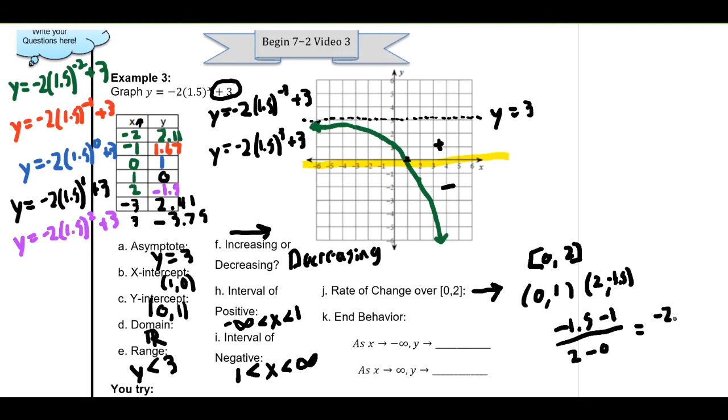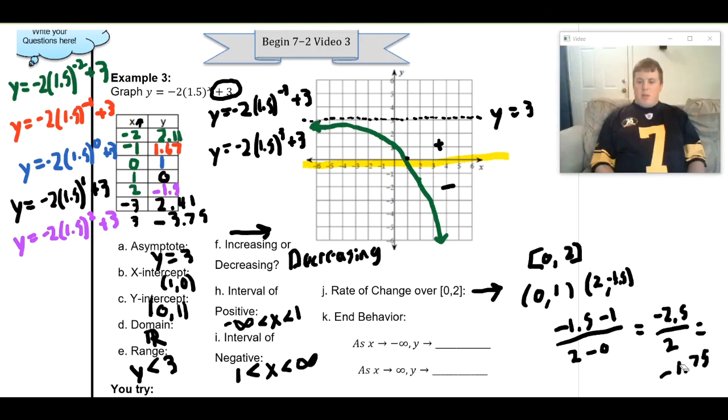So that's going to give me negative 2.5 over a positive 2. Negative 2.5 divided by 2 is actually negative 1.25. Alright, so that is our rate of change, negative 1.25.